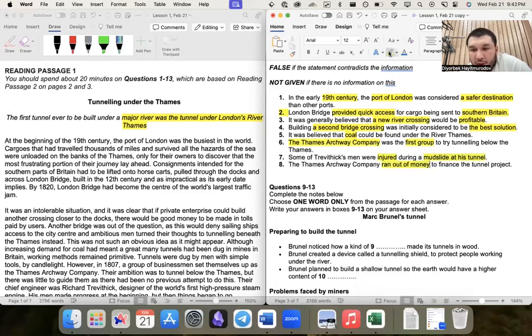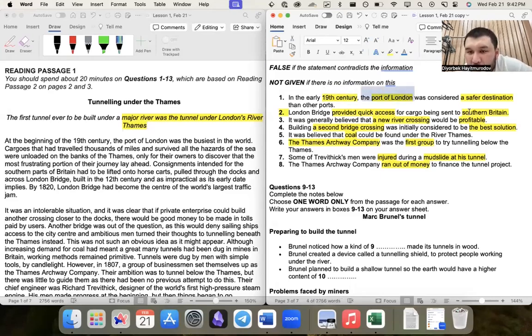So what I've done just now, guys, you do it over time, and you get better at doing this. You'll do it for all the questions in probably one or two minutes at most, but I'm just doing it more slowly to explain. You look at each question, finding one word that you cannot miss. For example, in question number 1, there is no way I could miss 19th century and Port of London.